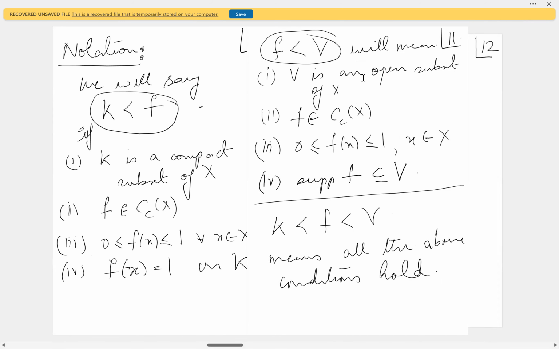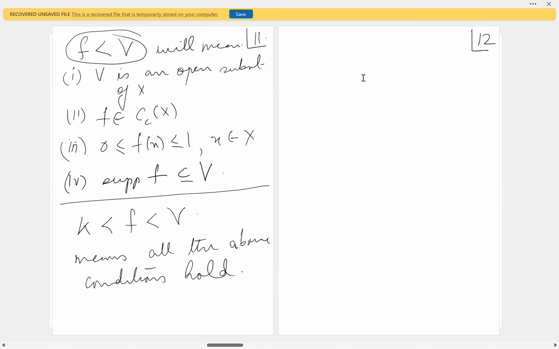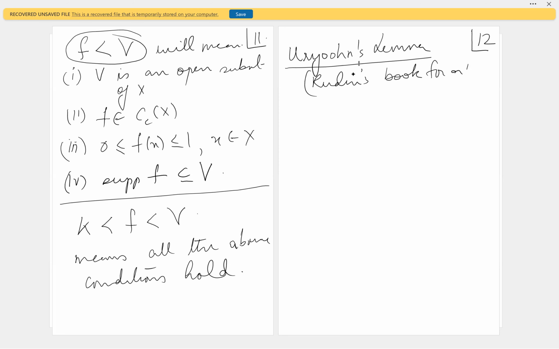Okay. And a major theorem that we'll keep using for this proof is Urysohn's lemma. Some of you would have seen this. I am not going to attempt to prove it here. You can look at Rudin's book. But I will use it. And I hope some of you remember it.